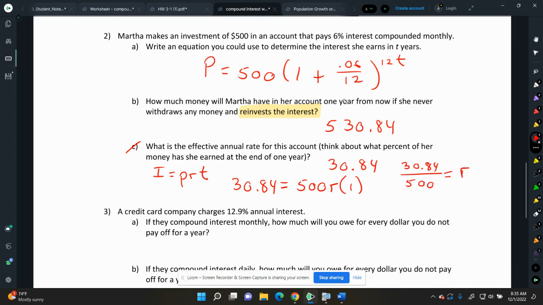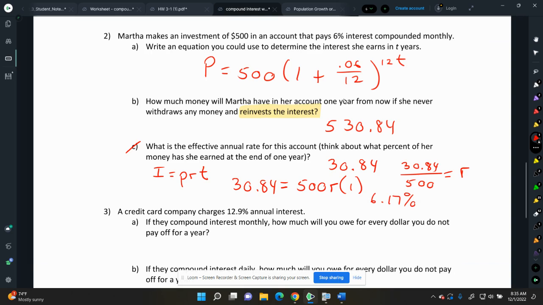Is that right? Okay, so what does that come out to? 6.17%. Okay, so the effective interest rate is 6.17%.